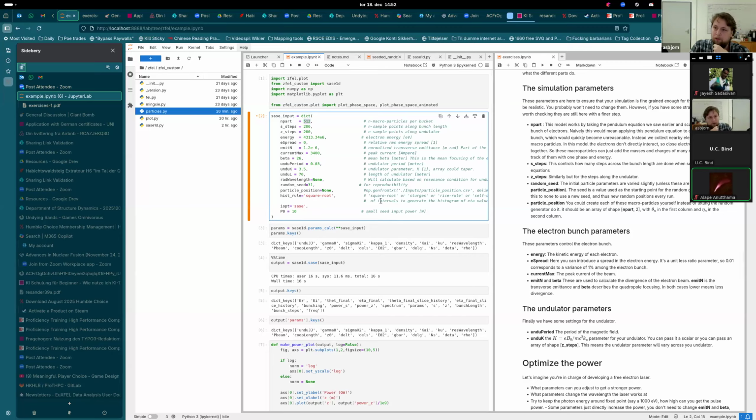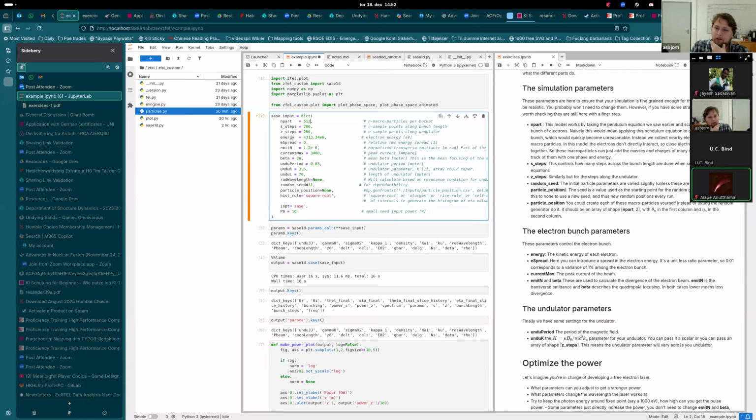So if you want to make your simulation longer, you can double it, or you can go down. I think the simulation does some splitting up of these. So if you go below 120, it'll start complaining, and they should be divisible by 4.